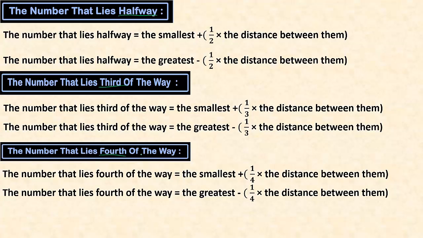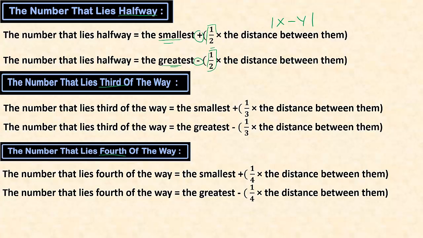The number that lies half the way is equal to the smallest number, so I must decide first what is the smallest number, plus half times the distance. And we said that the distance is the absolute value of the difference between the two numbers. And the number that's halfway from the greatest number is the greatest number minus half times the distance.